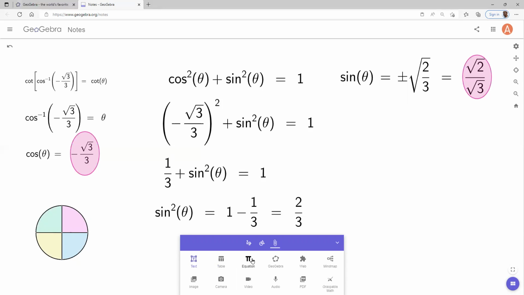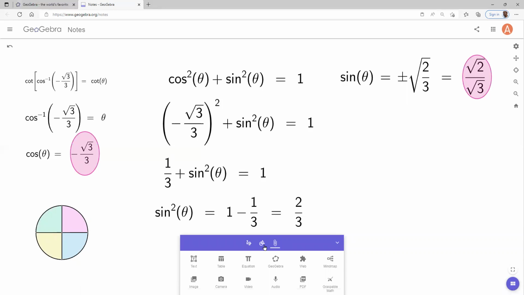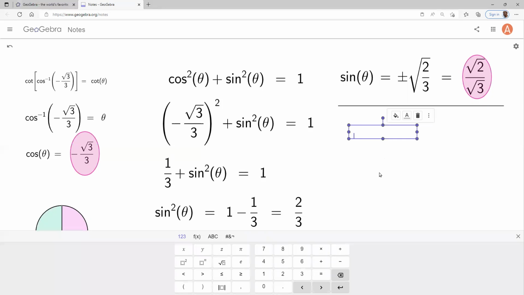I'm going to write cotangent. This is an important part of the problem and a new start, so let's put a line over there. Cotangent theta is equal to cosine theta divided by sine theta. Oops, I'm sorry.